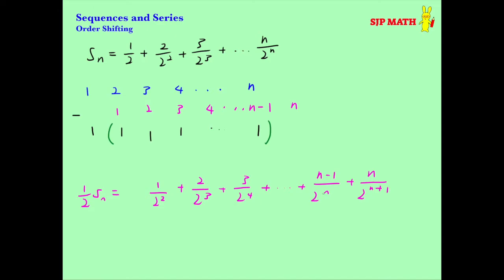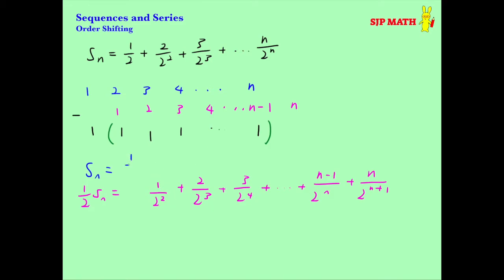And then we're gonna copy out Sn at the top, but we're gonna have half. We're gonna write this at the top, but the way we're gonna write this on top of this will be trying to match the common denominators together.